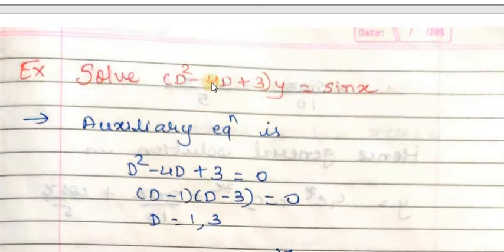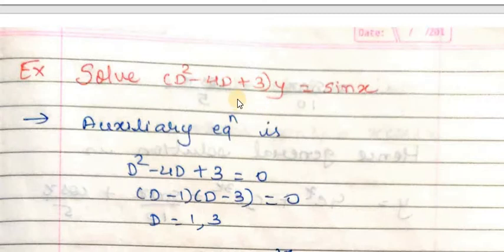Okay. Now I will explain this case with the help of one example. This is example number 1. We have to solve this differential equation, that is (D square minus 4D plus 3) y equals sine 1x. Now this differential equation is of the form f(D) y equals X. So its solution will be y equals CF plus PI, where CF is the complementary function and PI is a particular integral.